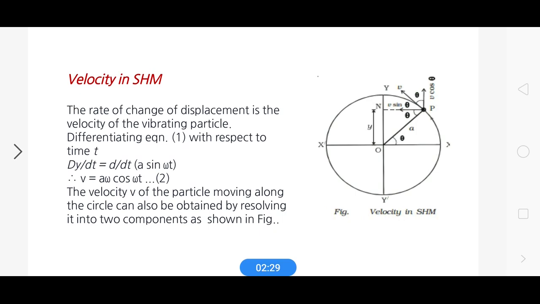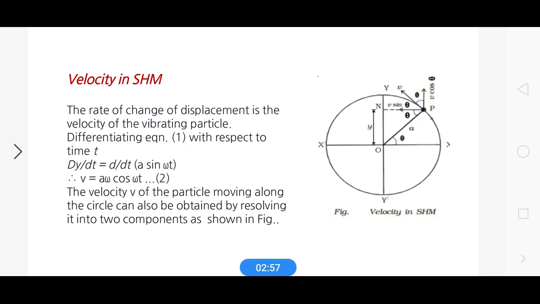And by differentiating equation 1, that is y is equal to a sine omega t, with respect to time, we get the velocity in SHM. The rate of change of displacement is the velocity. So as we know the displacement is y is equal to a sine omega t, I am differentiating the displacement of the particle executing SHM.